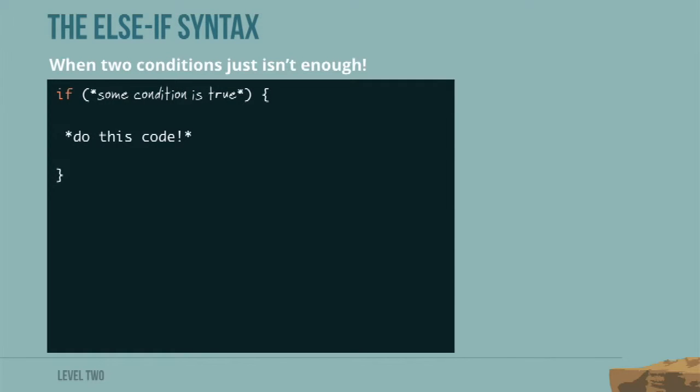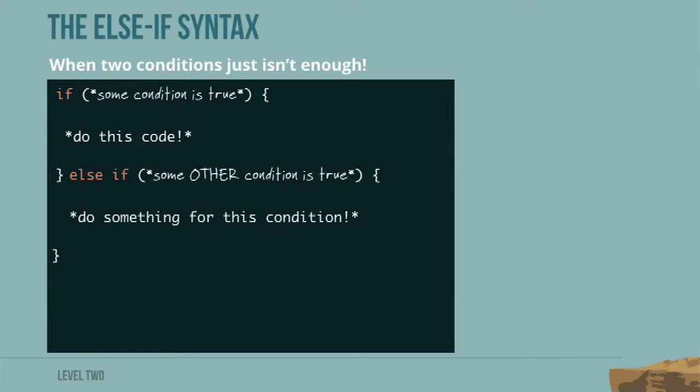We already know our if block, where if some condition is true, we're going to do some code. Now, the else if comes in when we need an extra condition to check before we fall to the final else block. You can see that in the else if block, if some other condition is true, we will do the code inside that particular block before we will allow the code to proceed down to the else block.